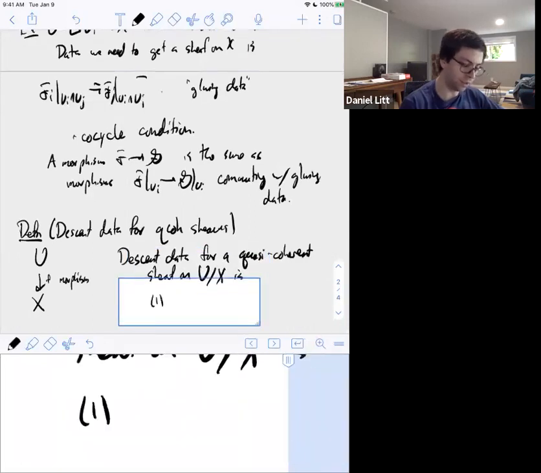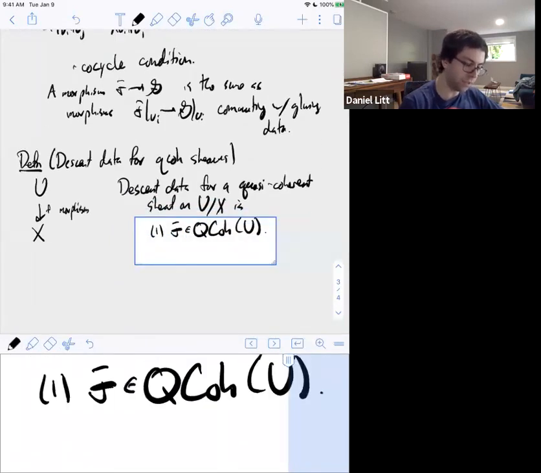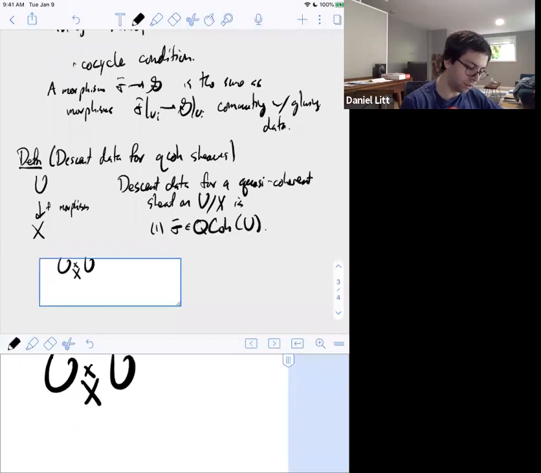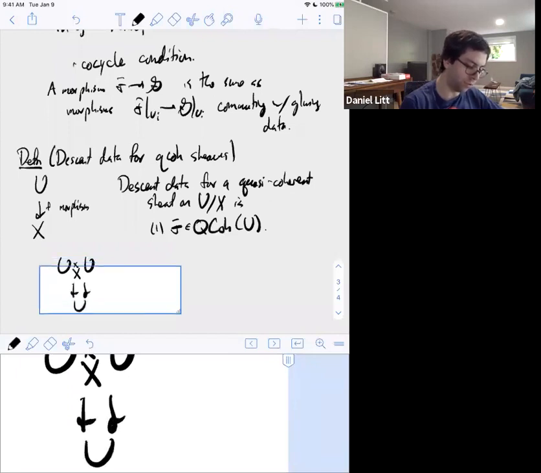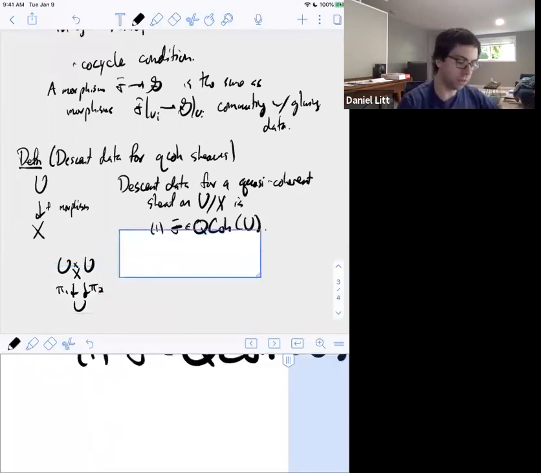So first of all, it's a sheaf F, a quasi-coherent sheaf on U. Second of all, if we take the fiber product of U with itself, that maps to U in two different ways, the two projections, which I'll call pi 1 and pi 2. And you're supposed to think of this fiber product as, if U was an open cover, a cover by honest open sets, taking double intersections of elements in that cover, right? So this you're supposed to think of as the Ui intersect Uj's.